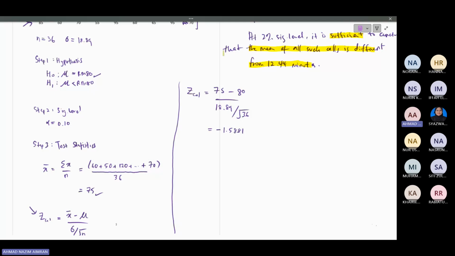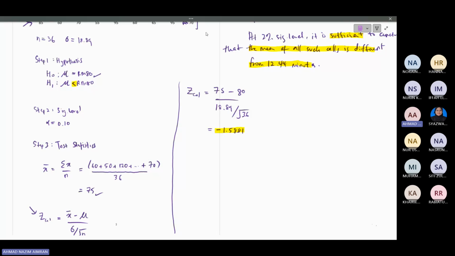You must remember that when we want to test that the mean is less than, when the alternative hypothesis consists of the less than symbol, you should get a negative Z calculated value.